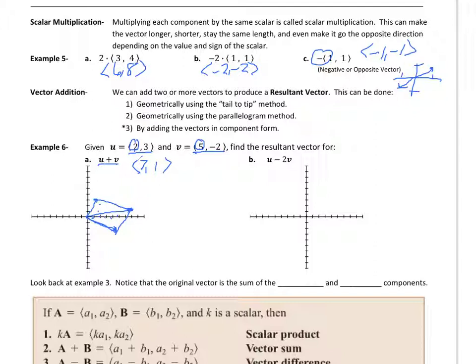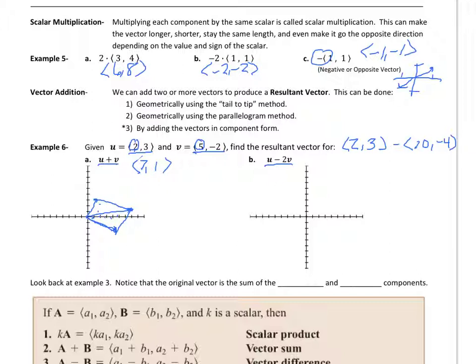All right, so now if we had u minus 2v, the first thing we have to do is get 2v. So u is 2 and 3, and then minus 2v would be 10 and negative 4.